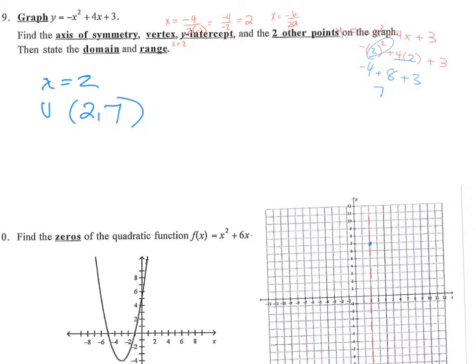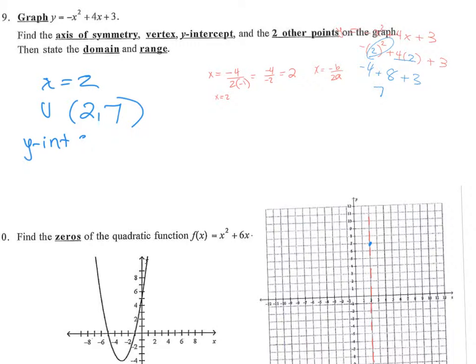Now the next thing that they want me to do is the y-intercept. Well, for the y-intercept, the only thing that I need to do is look at what part? C. Yeah, the c of the equation, which is 3. So your y-intercept is 3 on the y-axis, which if I wanted to draw it, I would draw right there.